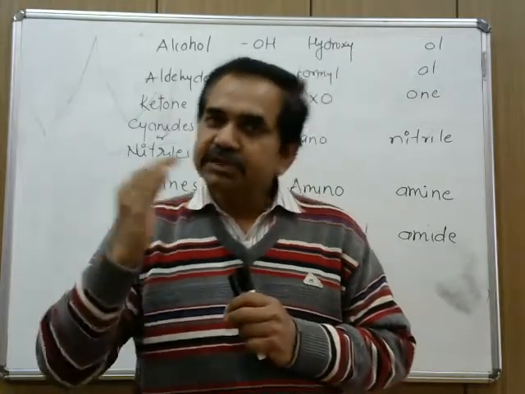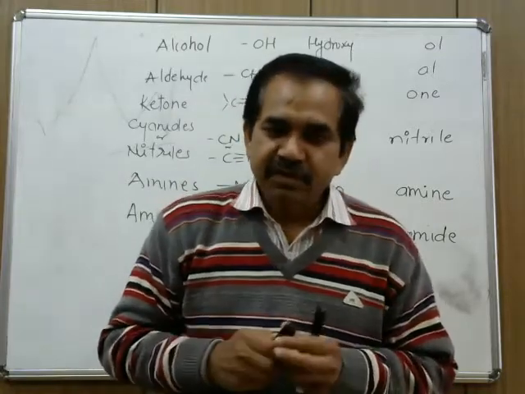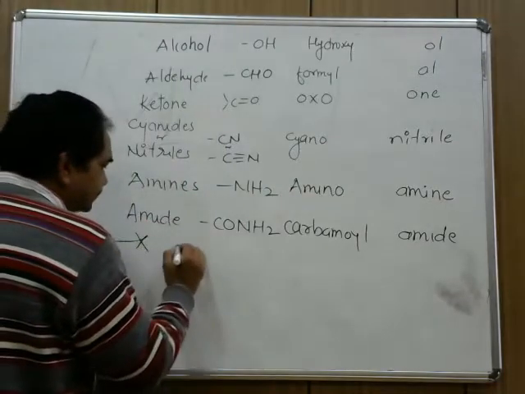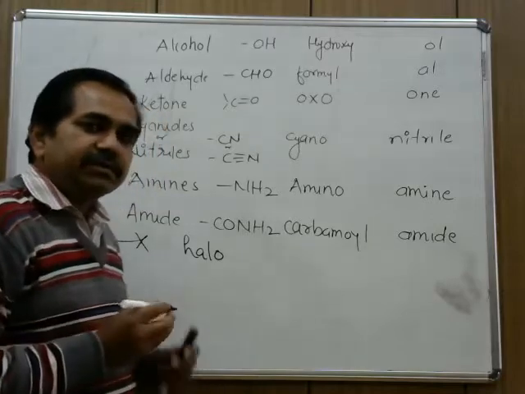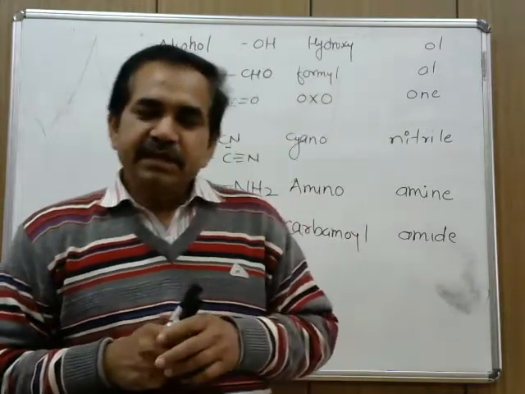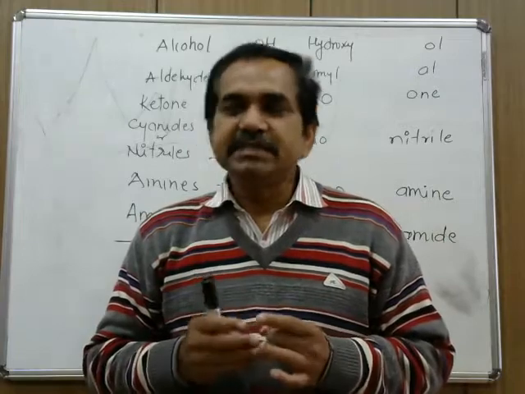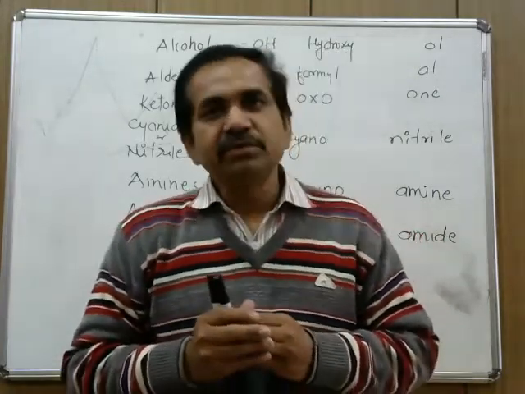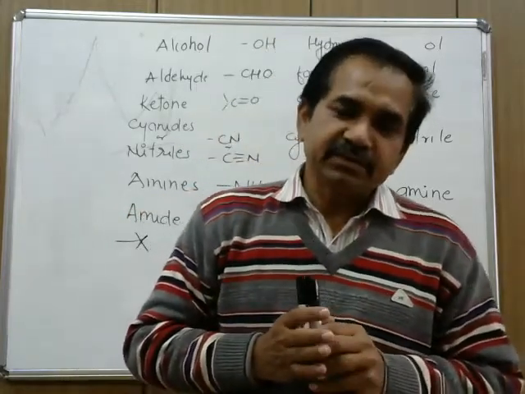For them suffix is not used, they are always used as prefix. For example, the X group, which is called halo. Fluorine, chlorine, bromine, iodine, these elements of group 17, are collectively called halogens. So halo refers to either fluoro, chloro, bromo or iodo.